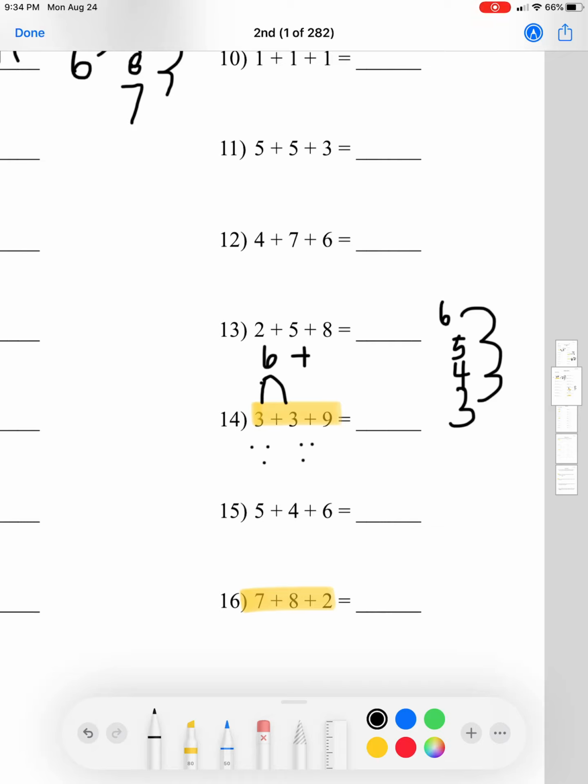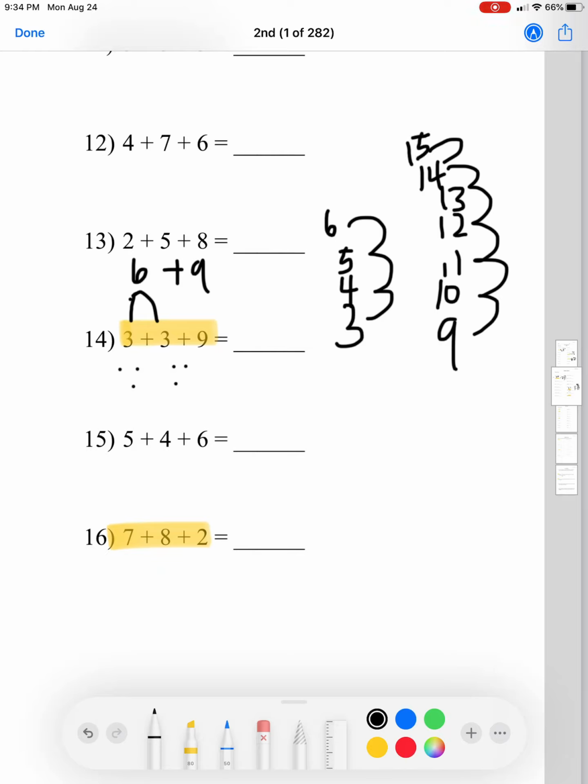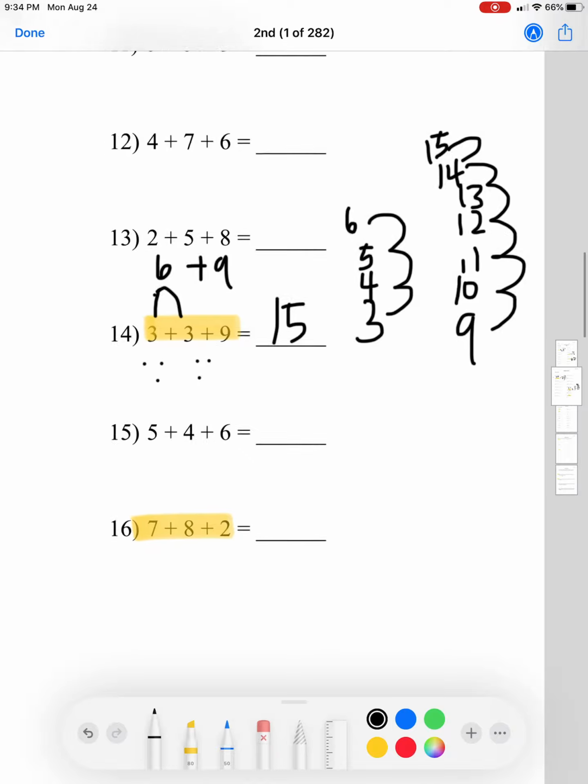Then we can add that to 9. We count up 6 from 9: 1, 2, 3, 4, 5, 6. 10, 11, 12, 13, 14, 15. Now this equals 15. Or you can, again, draw 6 and 9 dots and add that up.